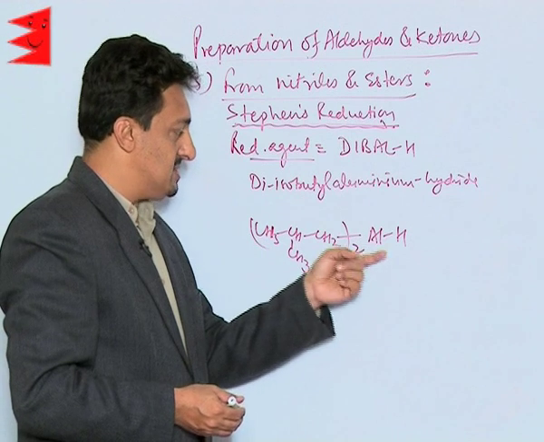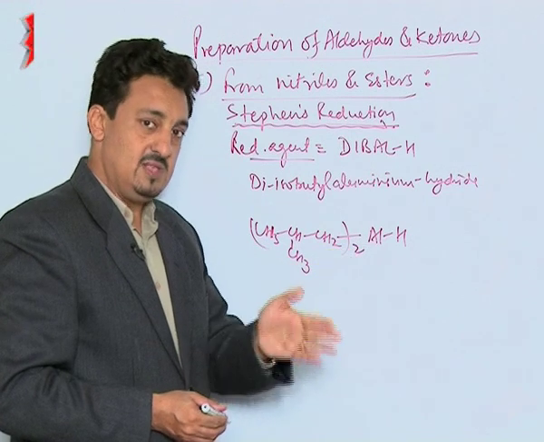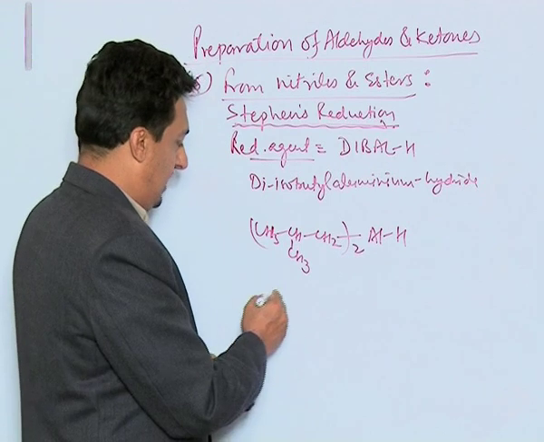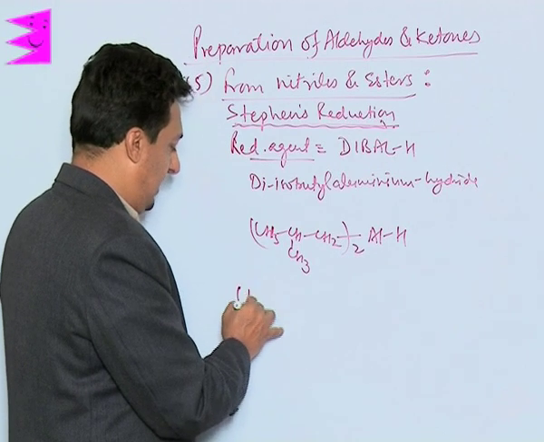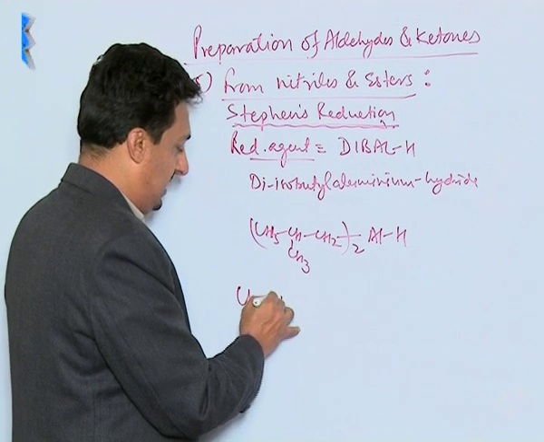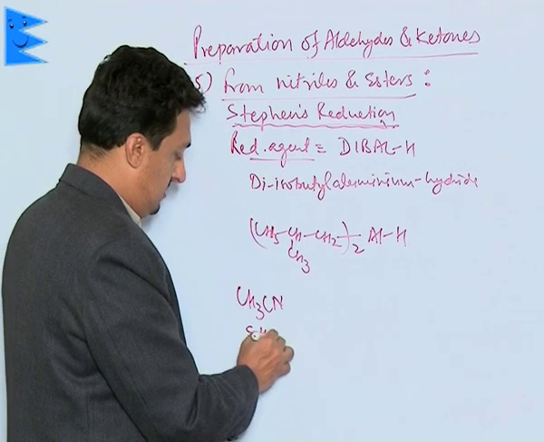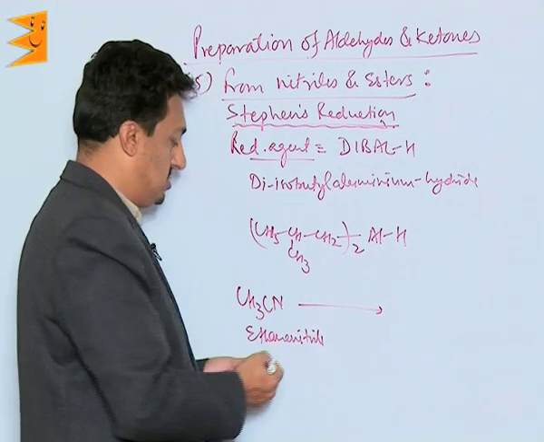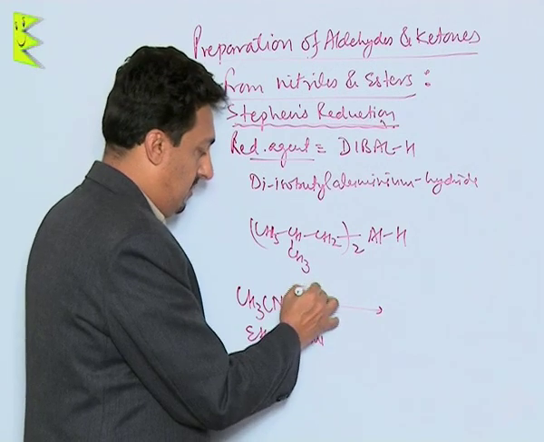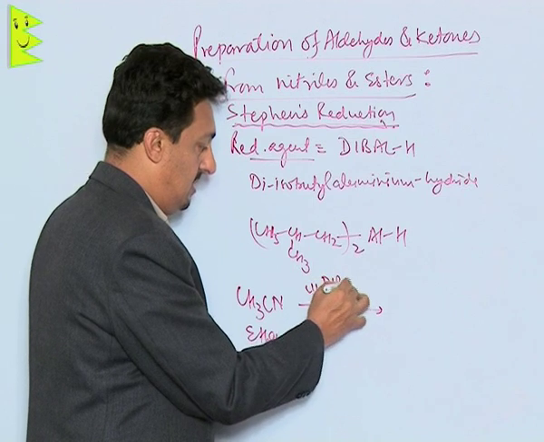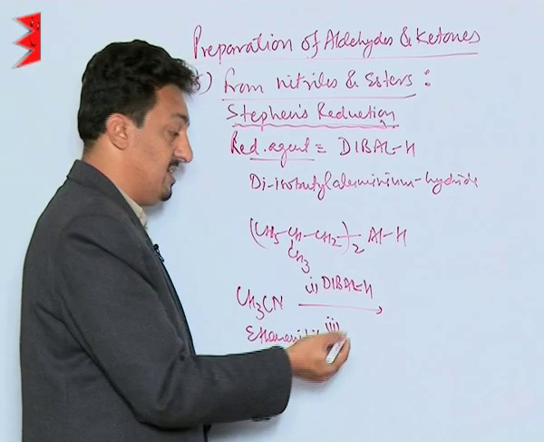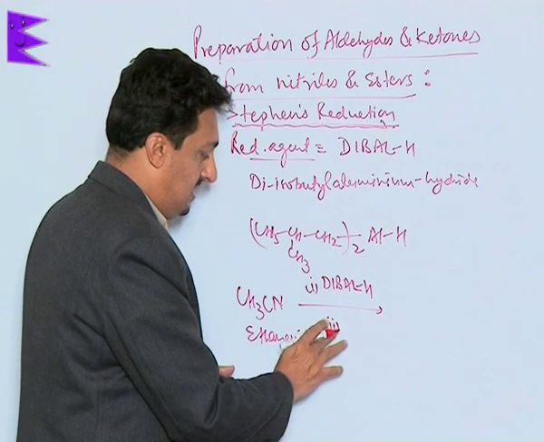That is why this DIBAL-H always gives us the imines, so obviously the yield is much better. If we take any particular cyanide, like we have taken ethane nitrile, also called acetonitrile, with DIBAL-H, this is going to give us the imine.